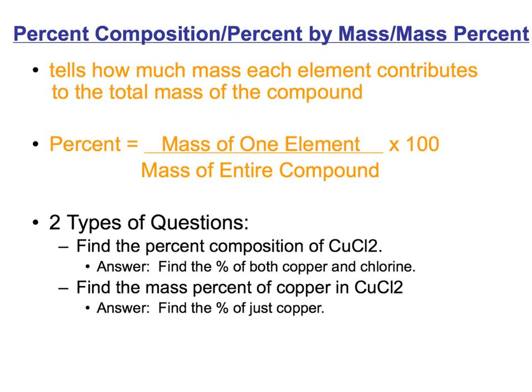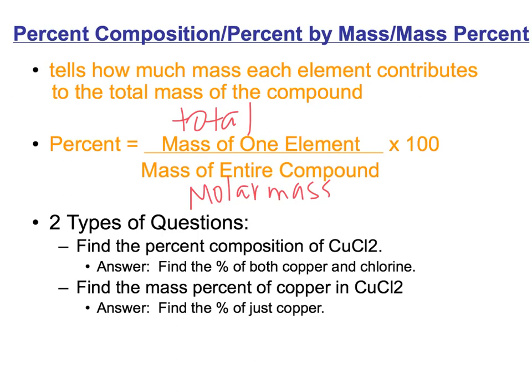It's very similar to that. To find it, you use percent equals mass of one of the elements, and something to make sure you take into account is it's the total mass of one of the elements over the mass of the entire compound, or the molar mass. And then whenever you're looking at percents, you multiply it by 100.